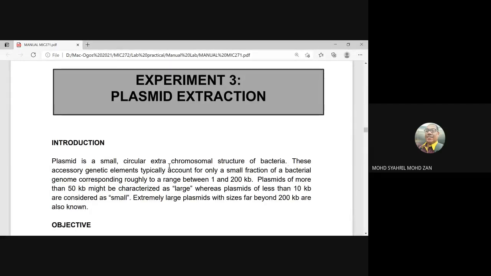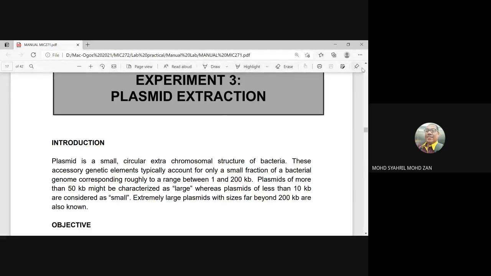This accessory genetic element typically accounts for only a small fraction of the bacterial genome, corresponding roughly to the range between 1 to 200 kilo base pair.